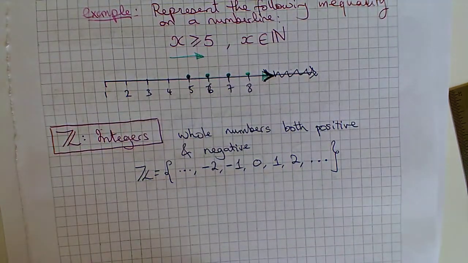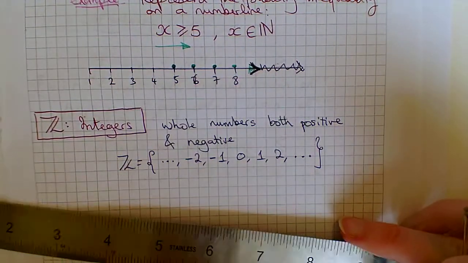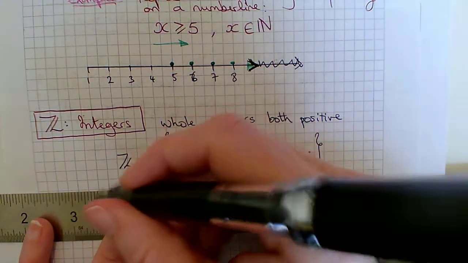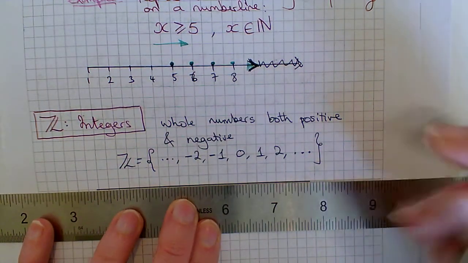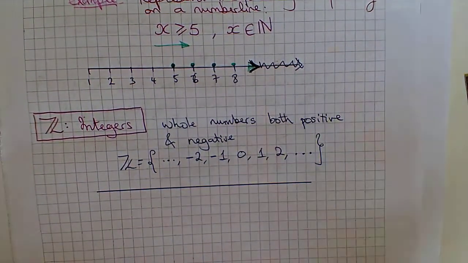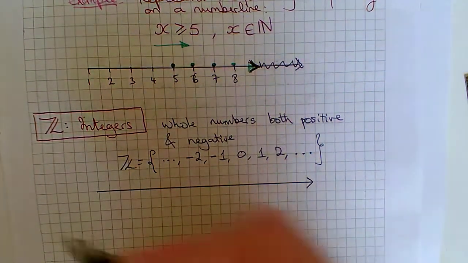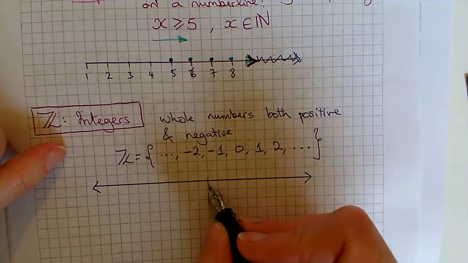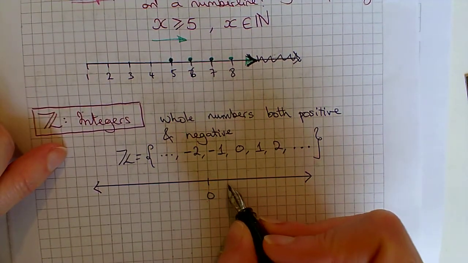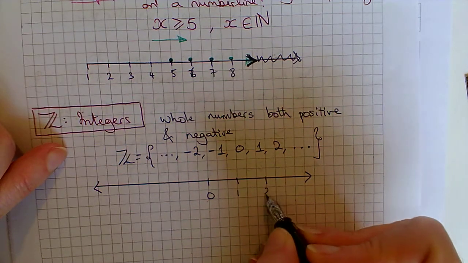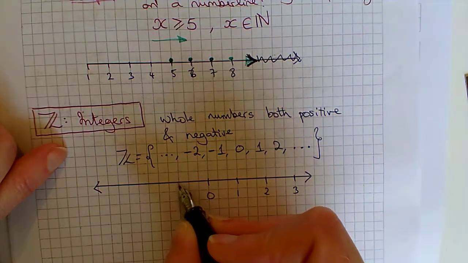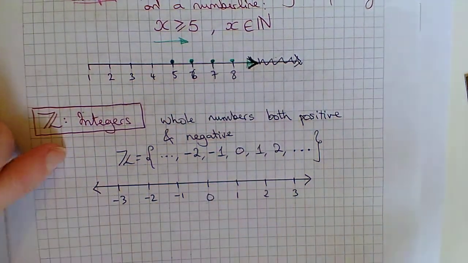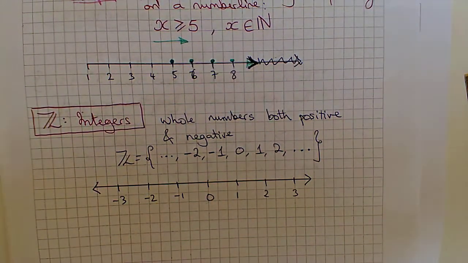If I want to represent the integers on the number line, I need to draw a number line that looks like our x-axis in coordinate geometry. So it has arrows on both ends like this. You don't even have to put 0 in the middle, but we will do here. So 0, 1, 2, 3, -1, -2, -3, and of course we have it going on forever in both directions.